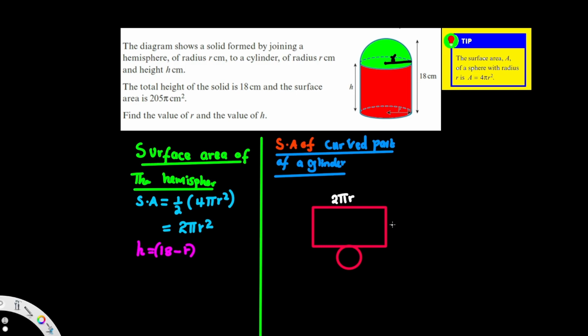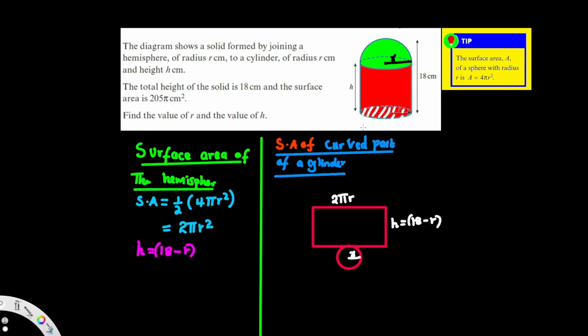The length of the curved part of the cylinder is equivalent to the circumference of the top of that cylinder, which is 2 pi r, and the height is going to be 18 minus r, and this is the radius.